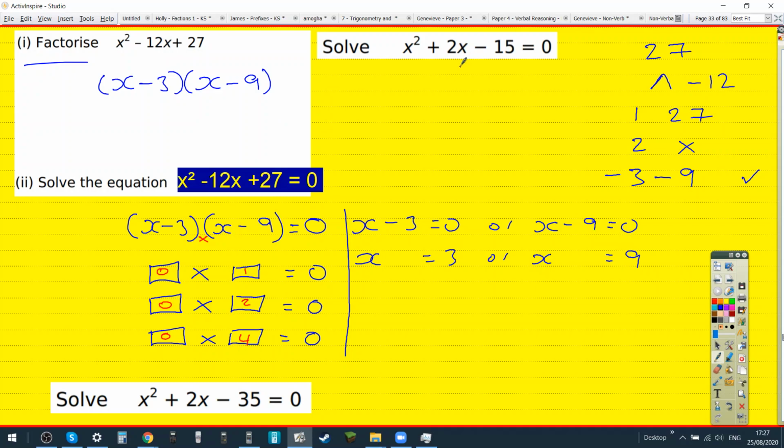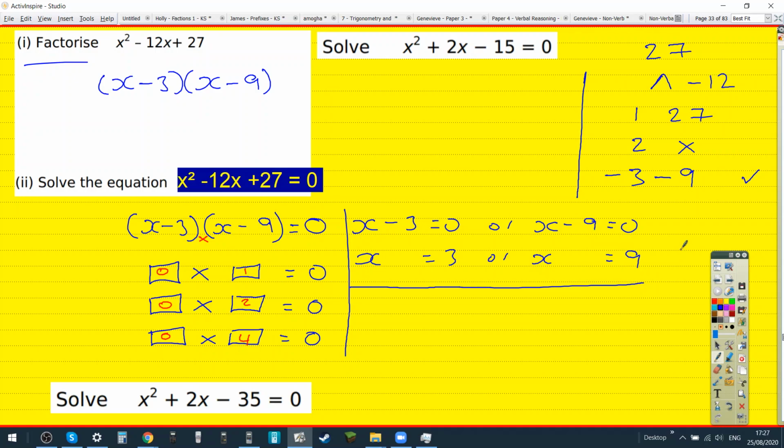Okay, so same thing for the top one. So first you have to solve it properly and then change it, right? So first factorize it into its original two brackets.